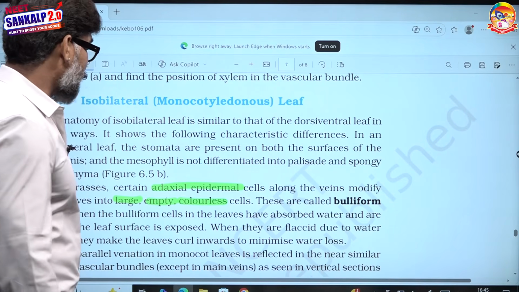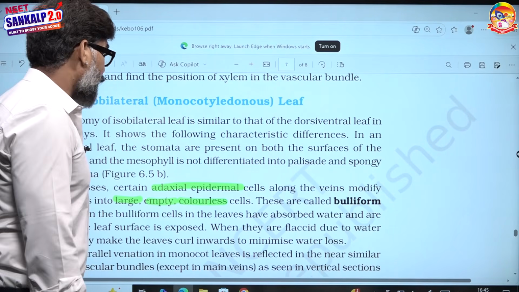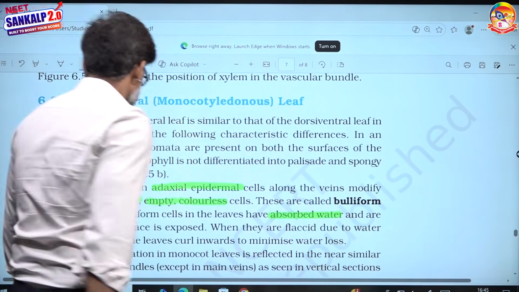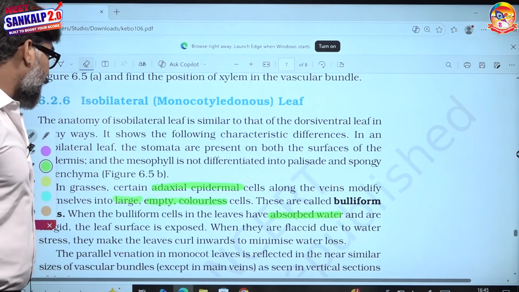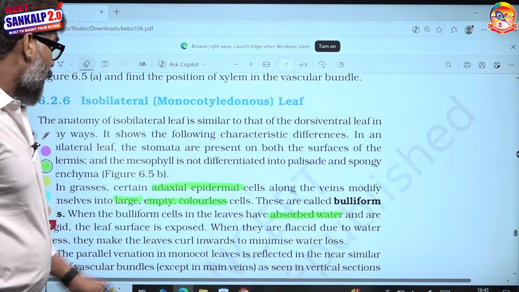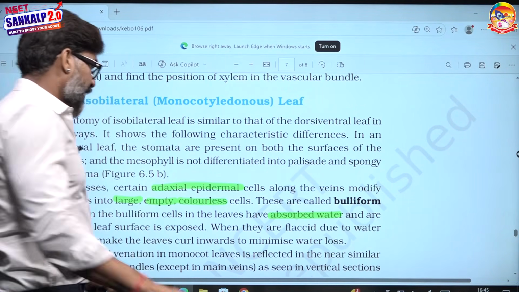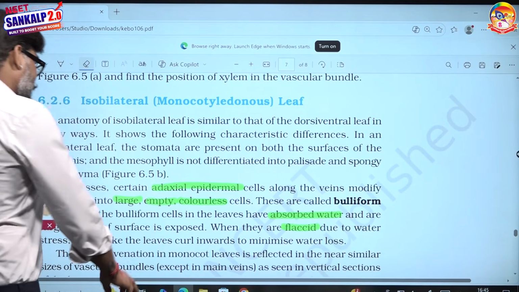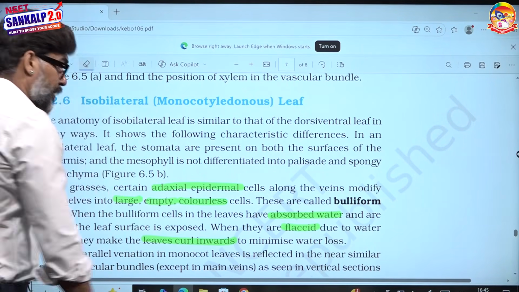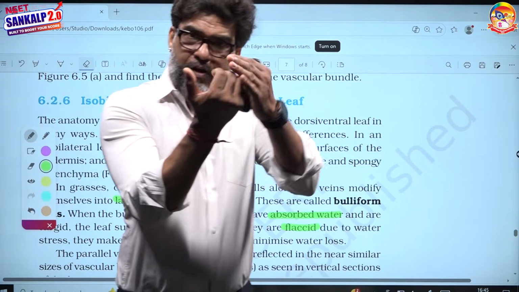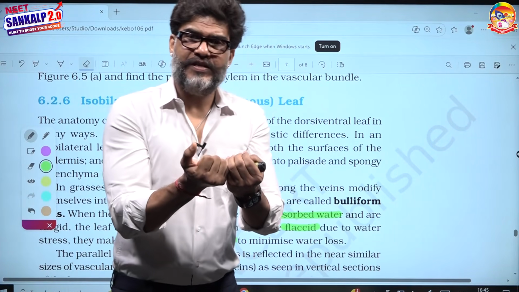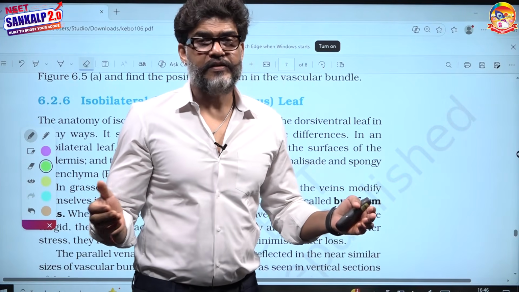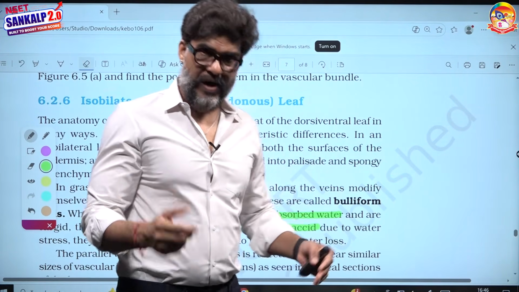When bulliform cells of the leaves have absorbed water, means they are turgid, the leaf surface is exposed. When they become flaccid, that is, lose their water content due to water stress, they make the leaves curl inward, that is, rolling of the leaf. So when the leaf gets rolled, its surface area will decrease. As its surface area decreases, you can understand that the loss of water will be minimized.